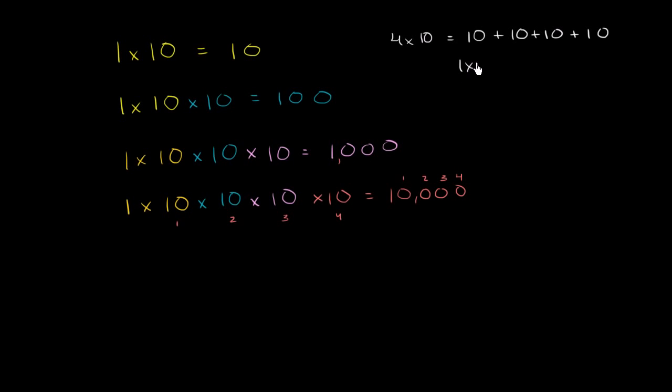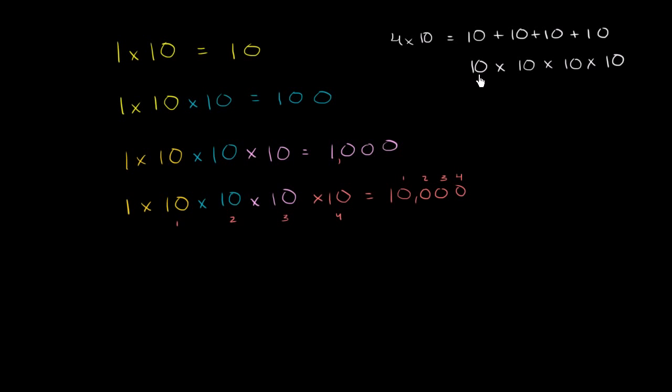If I have 1 times 10 times 10 times 10 times 10, which is really the same thing as taking 4 tens and multiplying them together, because the 1 doesn't change the value. So 10 times 10 times 10 times 10, you're saying, hey, there should be some type of shorthand for this. And you're right.